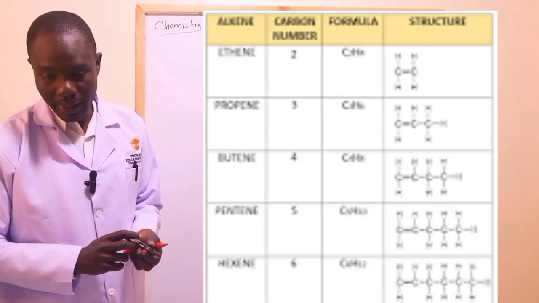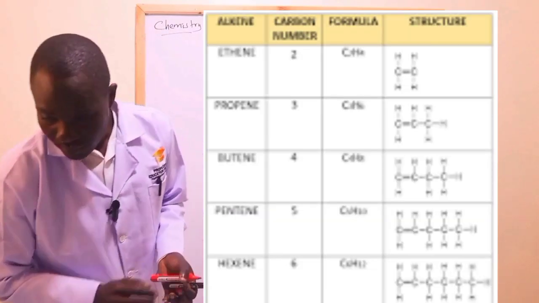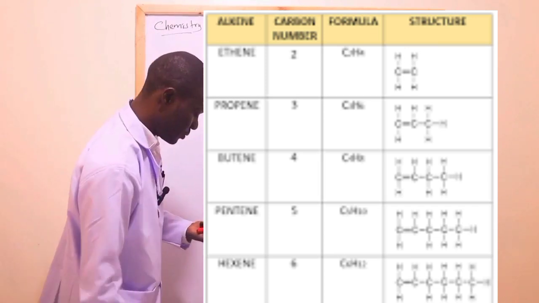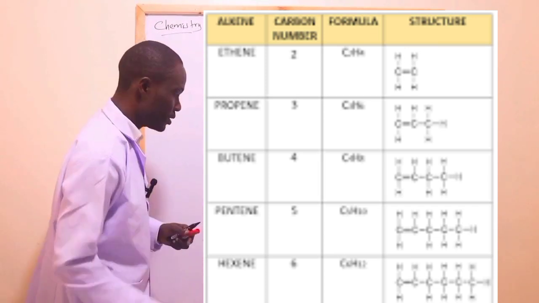So moving forward, I want us to move to isomerism in alkenes.